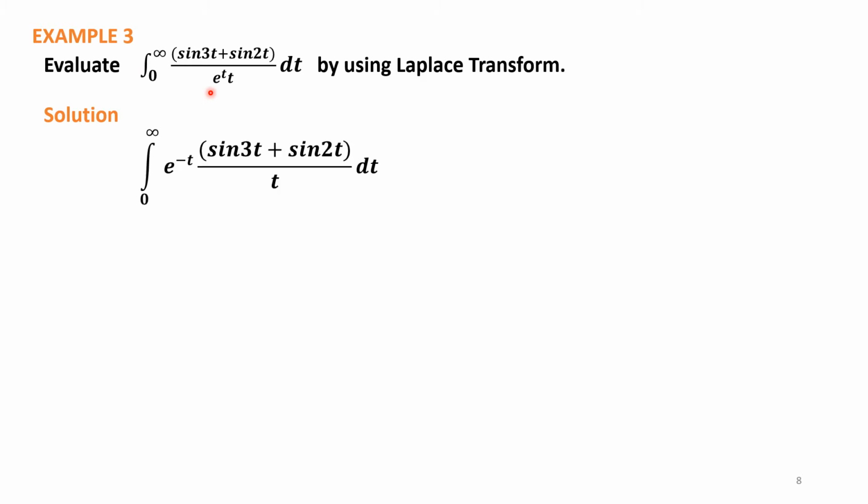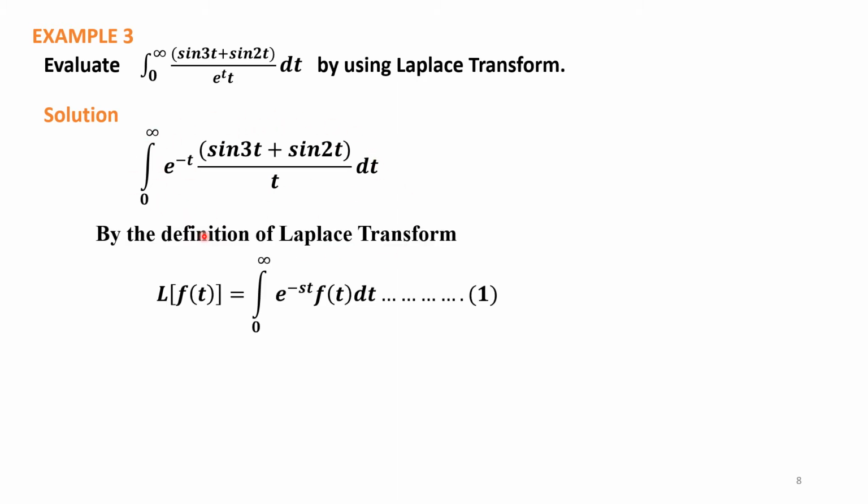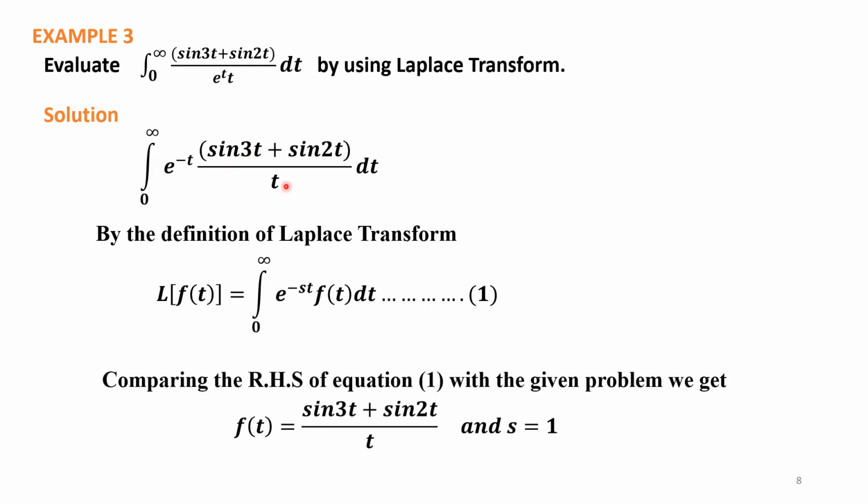So here, since we have e raised to t in the denominator, I will take that to the numerator. So e raised to minus t times (sin 3t + sin 2t) upon t. Now comparing this integral with the definition of the Laplace transform, we can write f of t equal to (sin 3t + sin 2t) upon t, and the s value is equal to 1.